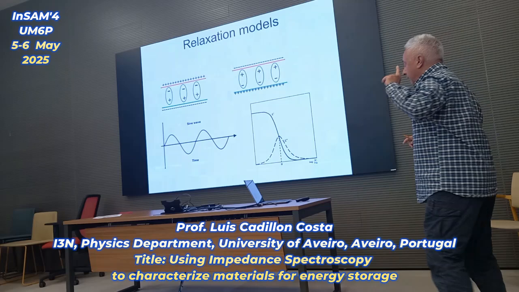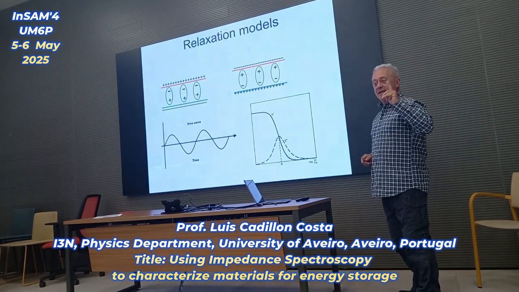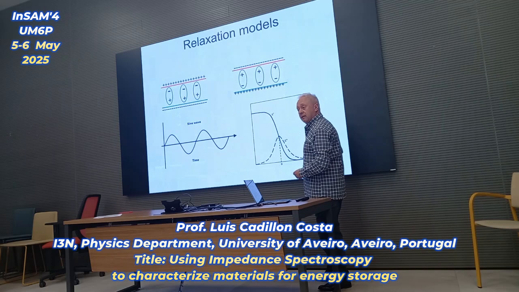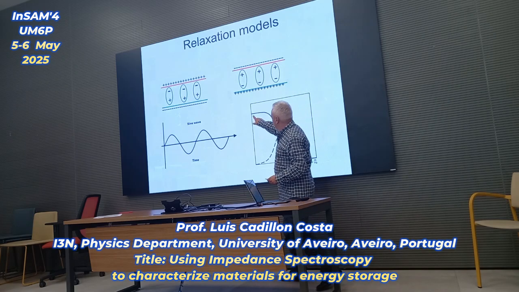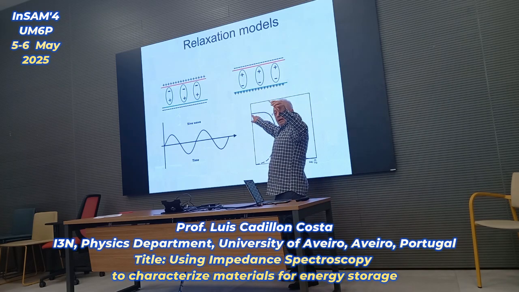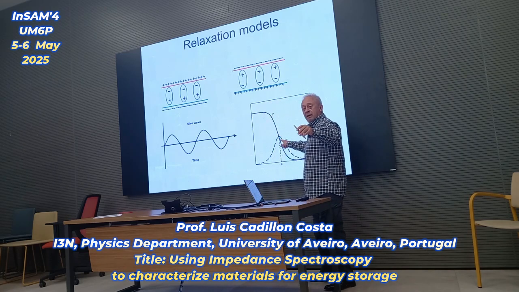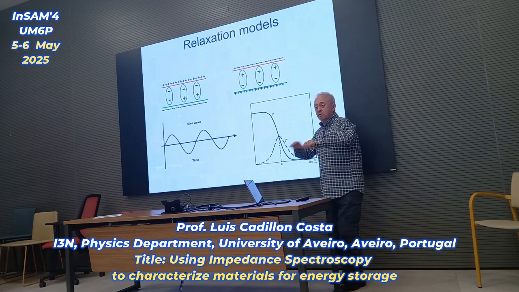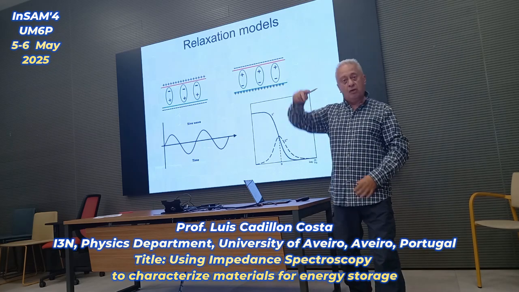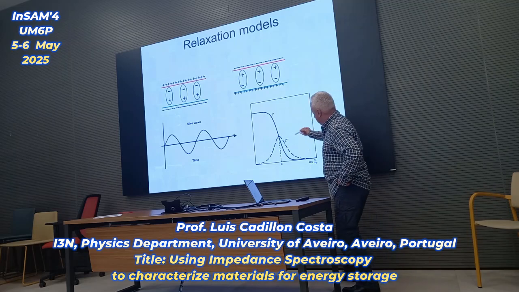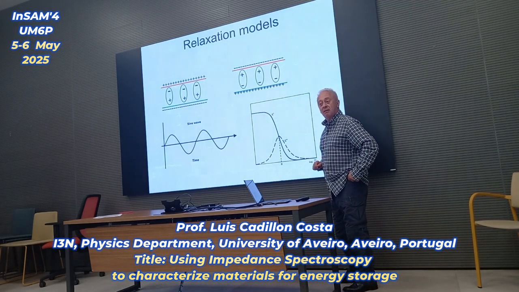The number of dipoles is proportional exactly to epsilon prime. That's why epsilon prime decreases with frequency. At low frequency all of them can rotate. Then I increase, some of them are lost, and at the end almost none can turn with the electric field.